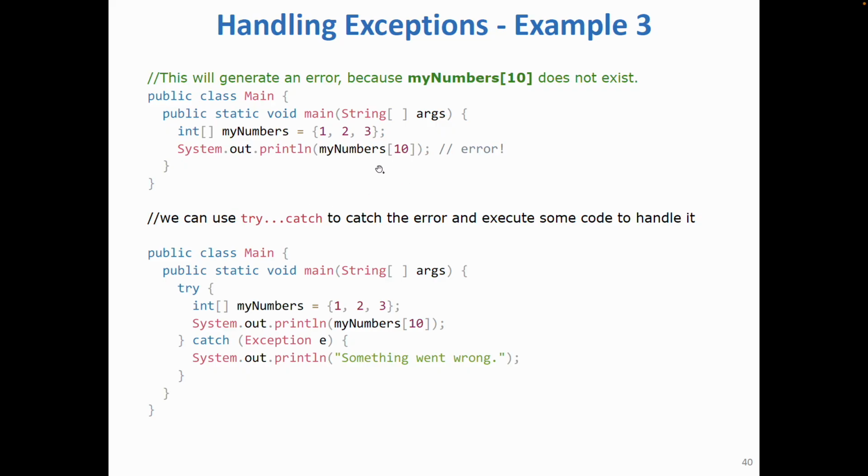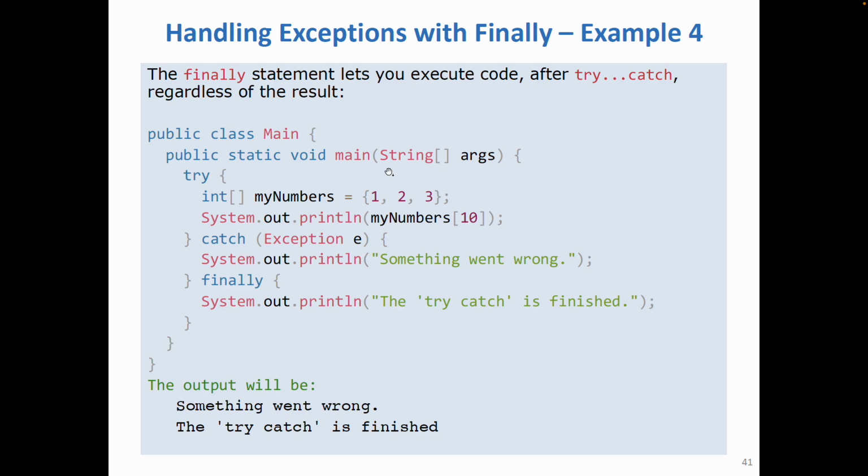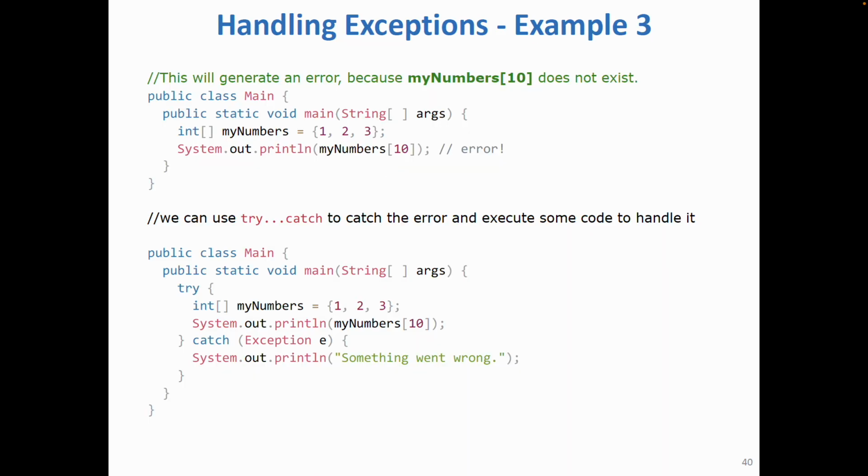And the other one is, again, in our code, if we attempt this kind of line, like we have 3 items only, but we are trying to reach 10, our program will crash. Again, what we can do is we can write the try catch block. Here you see a different code, which says exception, not array out of bound exception.